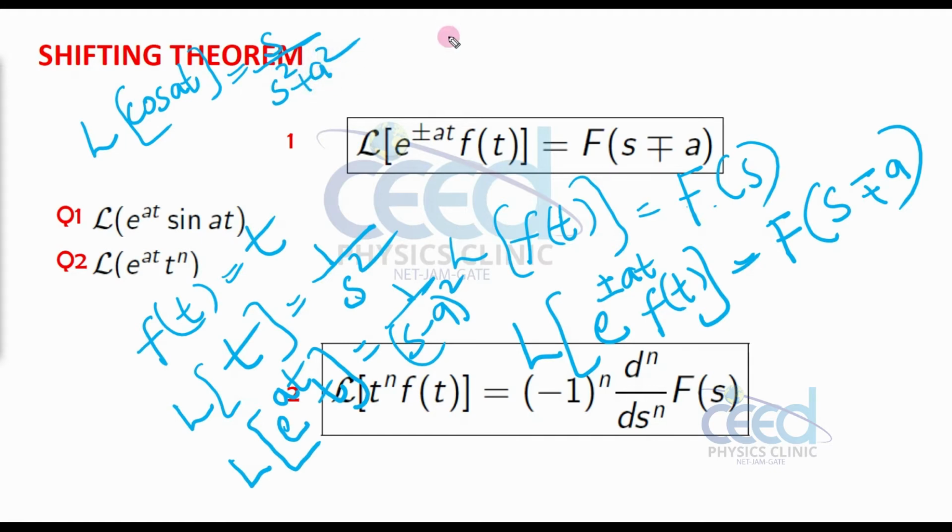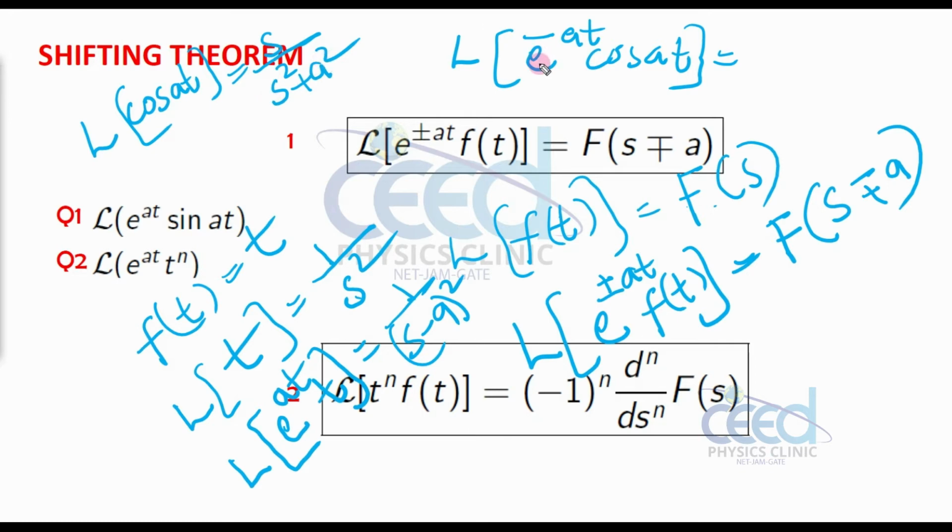If somebody asks for the Laplace of e raised to minus at into cos at, then what would be the result? That we are going to check here.